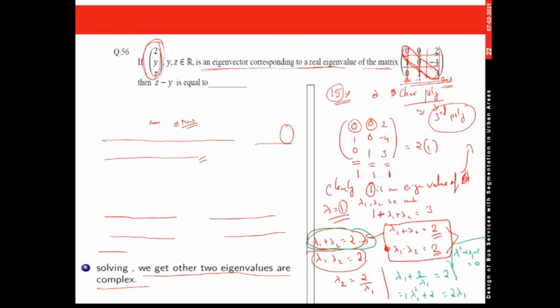If you are given a matrix to find the eigenvalues, you just check whether the sums of the rows or the columns of that matrix are equal. If they are equal, then you will get one eigenvalue, and that saves a lot of time for you.